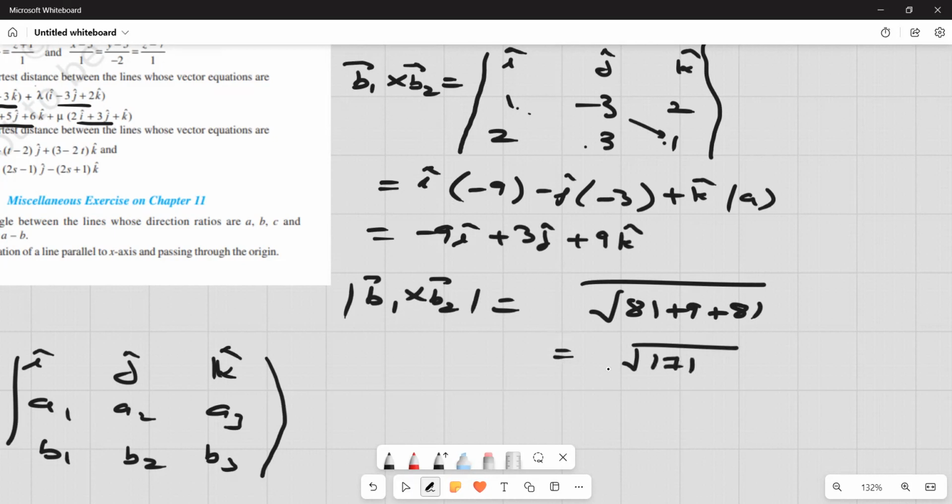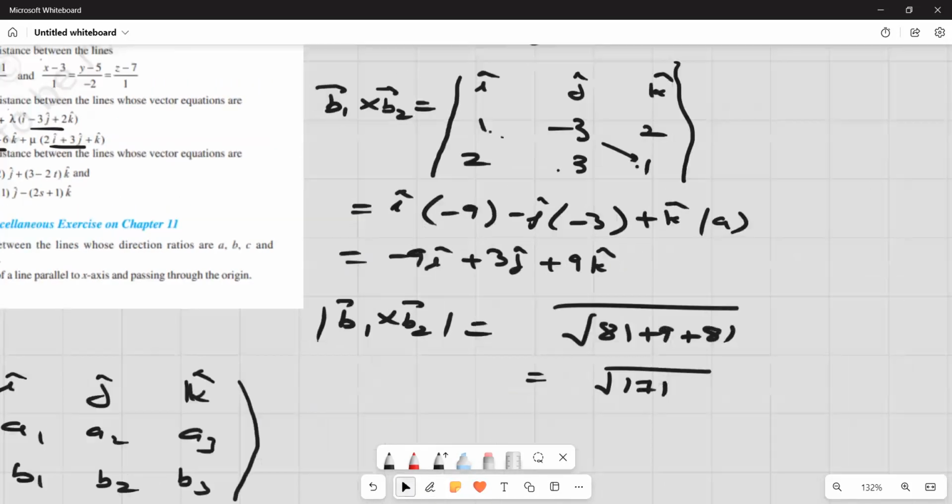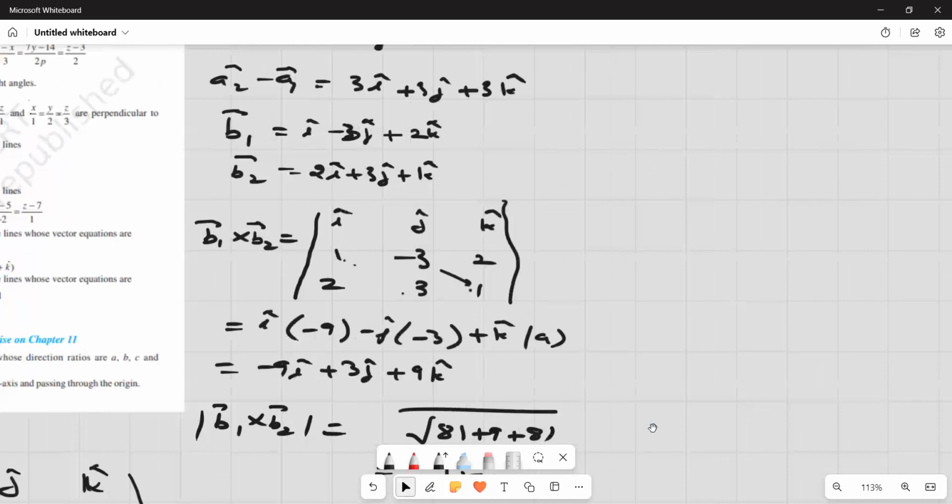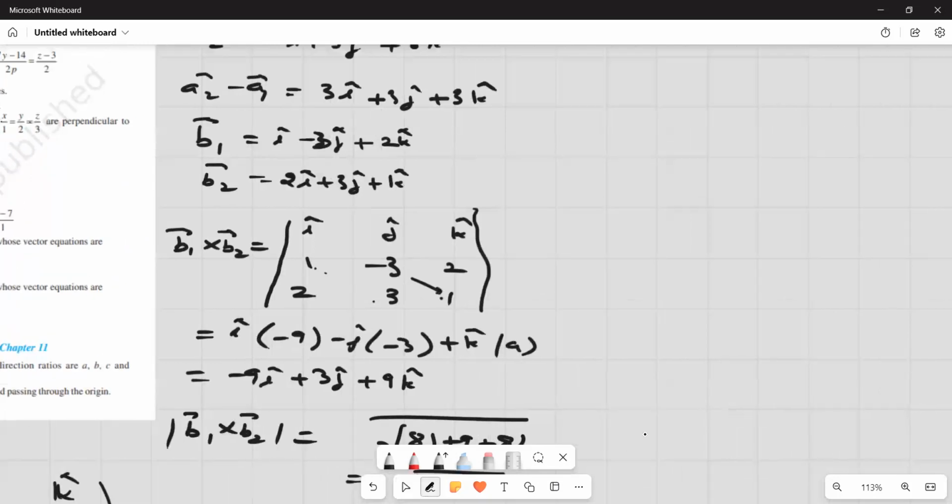So now find out A2 minus A1 dot B1 cross B2.